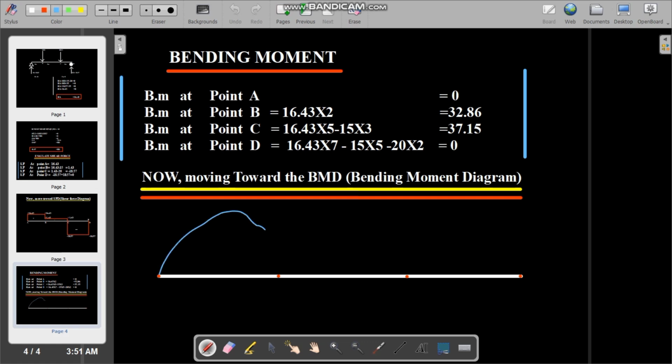From A point we have moment of 0, and at B point we have a moment of 32.86. We just draw it as positive, and to the C point it's a little bit higher, and we just draw toward C, it's 37.15. And moving toward D, we just draw toward 0, and it's downward.